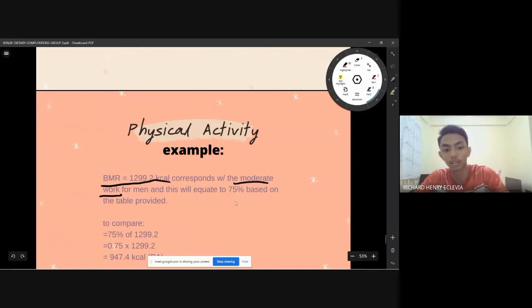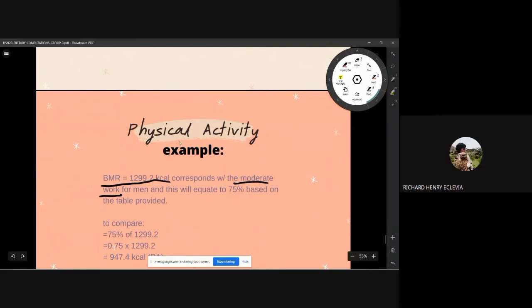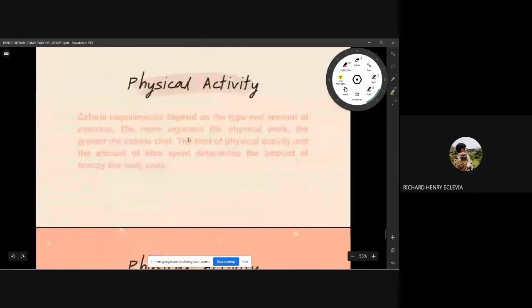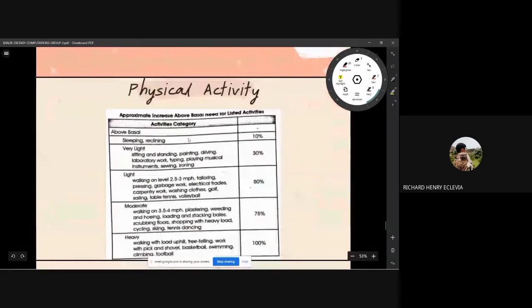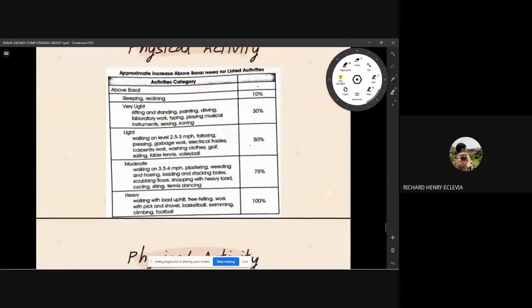And this will equate to 75% based on the table provided. So, saan nakuha yung 75%? Ito yung table kanina. Diba? Sabi, moderate work daw. So, ayan. Moderate, 75%. Yung corresponding percentage niya.